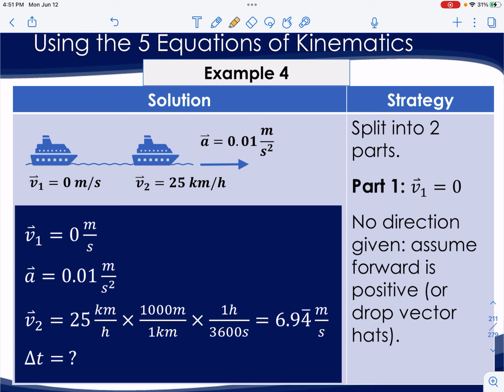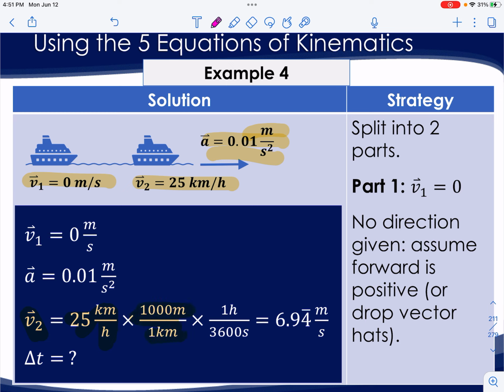So here, just recapping, this is all the information that you're given, right? Now here, we need to convert our V2 into meters per second. And so here we have 25 kilometers per hour. We need to convert the kilometers to meters. So there's 1,000 meters per kilometer.